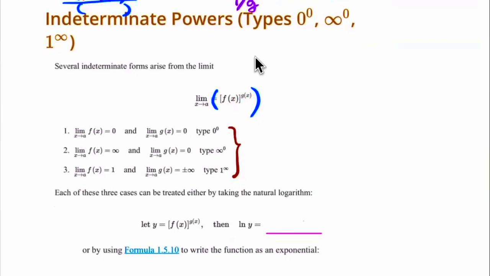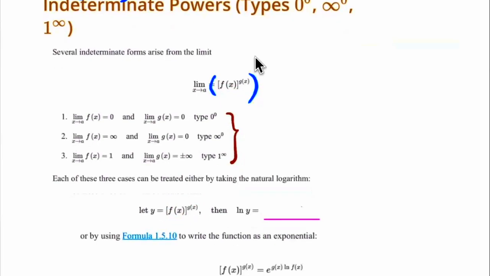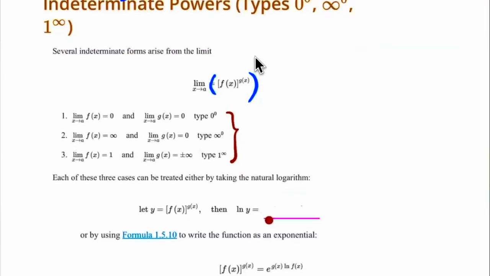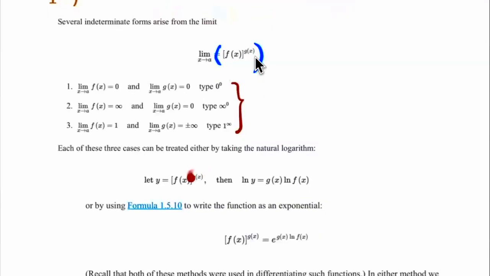To bring down the exponent, you can let y be this whole thing and take ln of that. So what's ln of y here? It's g of x times ln of f of x.